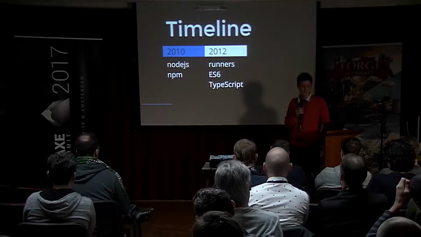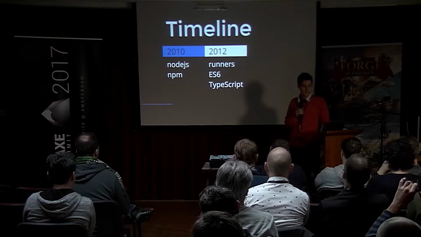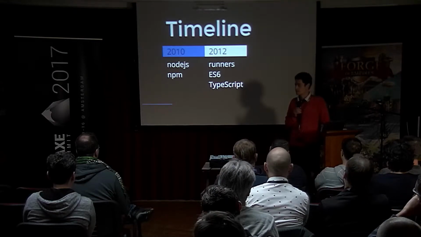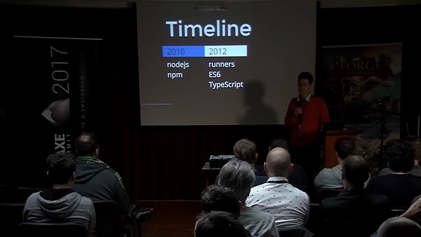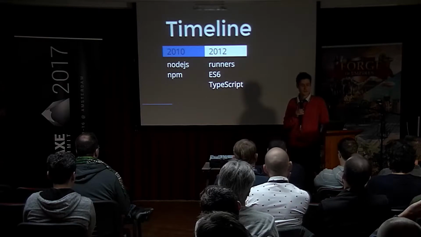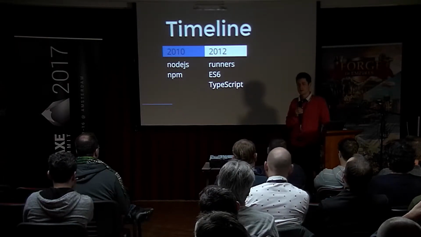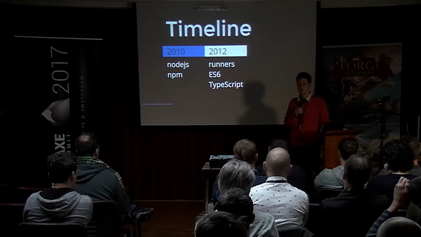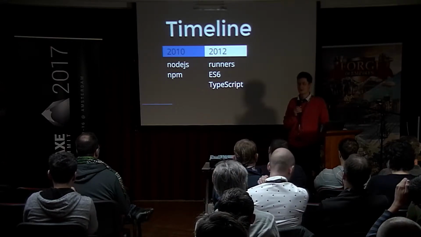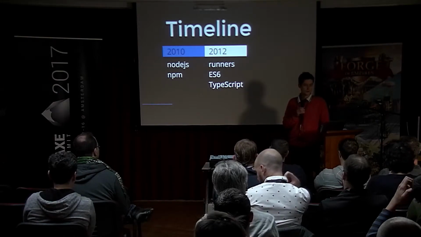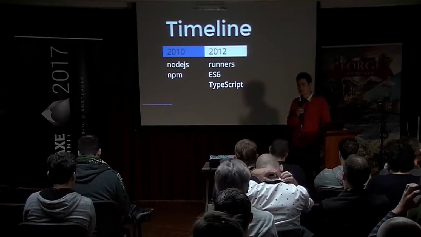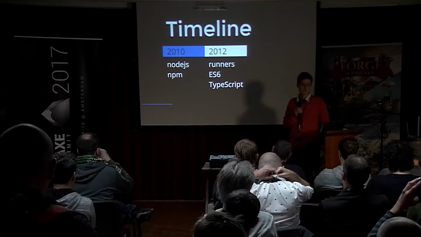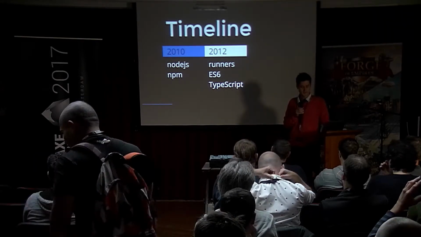Then the task runners came very strongly with Grunt, Gulp, and this kind of tooling. It all came together with the fact that people started to automate a lot more, and you had to use a bundler, a JavaScript bundler, to use these JavaScript modules that were introduced by Node.js.